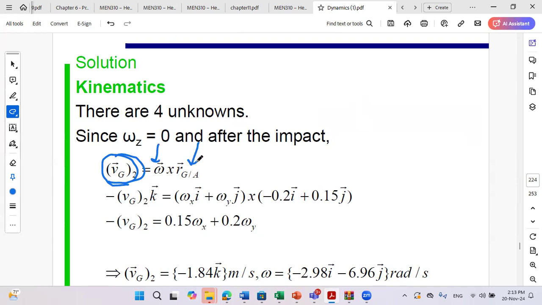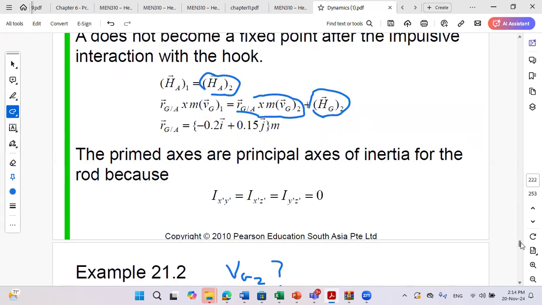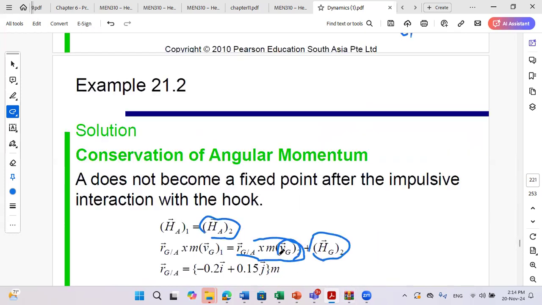In this way, instead of having 6 unknowns, if you replace in the angular momentum relation, you have VG2 as unknown and HG2 as unknown. But HG2 was determined as a function of omega x, omega y, omega z. So it is equal to Ix prime omega x plus Iy prime omega y plus Iz prime omega z.